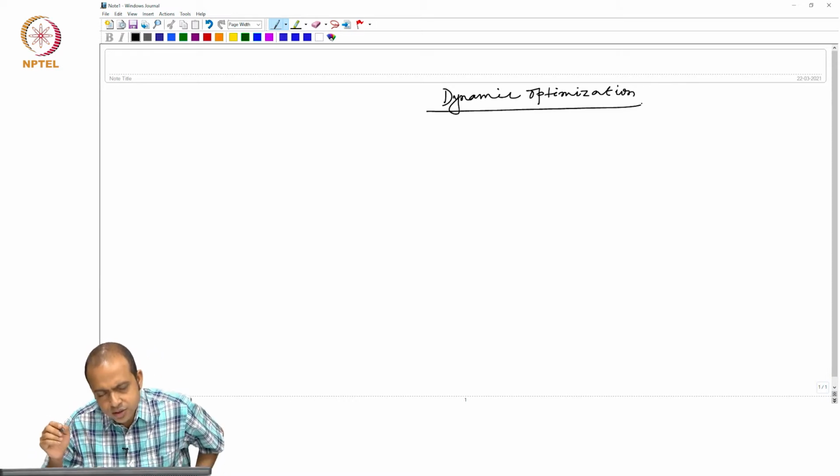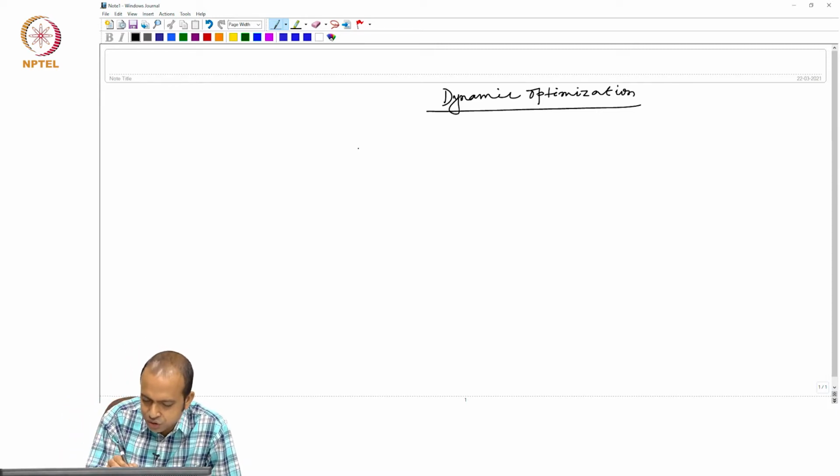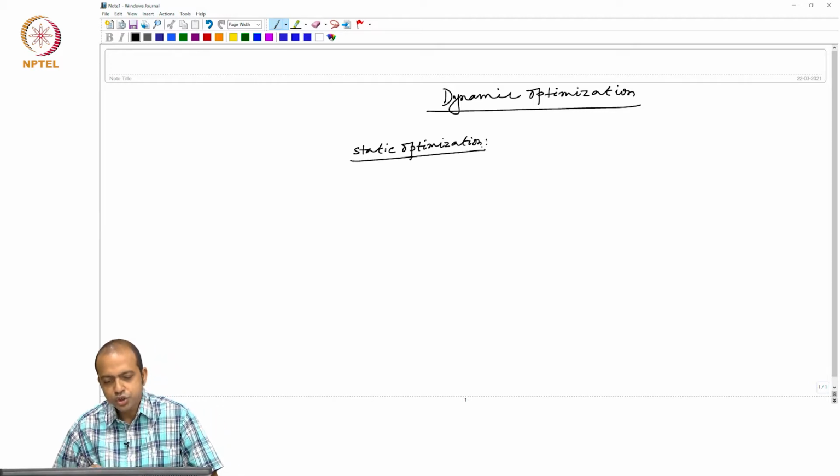So, let us first try to understand the difference between static and dynamic optimization. What is a static optimization?